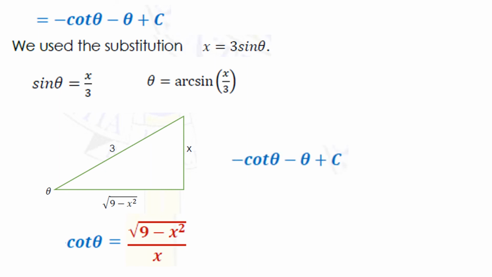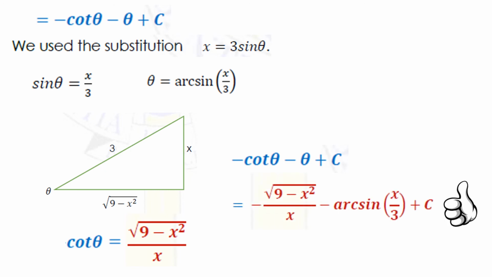So therefore, we will now substitute the value of cotangent theta and theta into the temporary answer, which is negative cotangent theta minus theta plus c. If we substitute these values, we get our final answer as negative the square root of 9 minus x squared over x, minus the arcsine of x over 3, plus the arbitrary constant c.